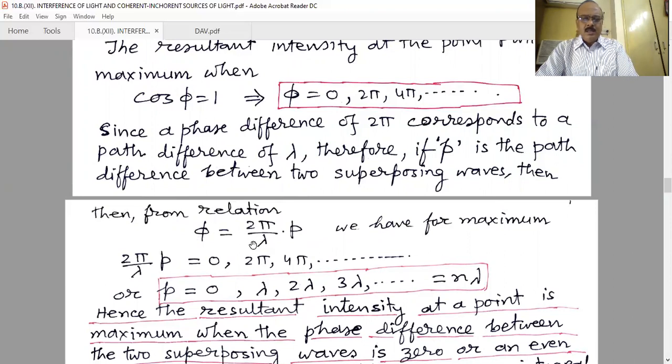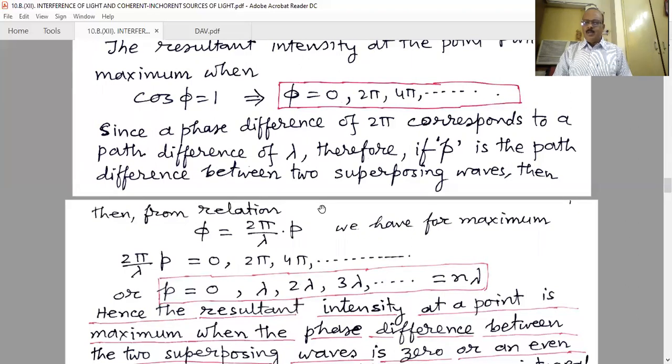We can get it when we consider the path difference is lambda, that means wavelength, then there is a phase difference 2 pi. That means the two successive same phase points are separated by a distance lambda, and successive same phase points mean there is a phase difference 2 pi, next 4 pi, next 6 pi, etc. So for lambda, phase difference 2 pi.